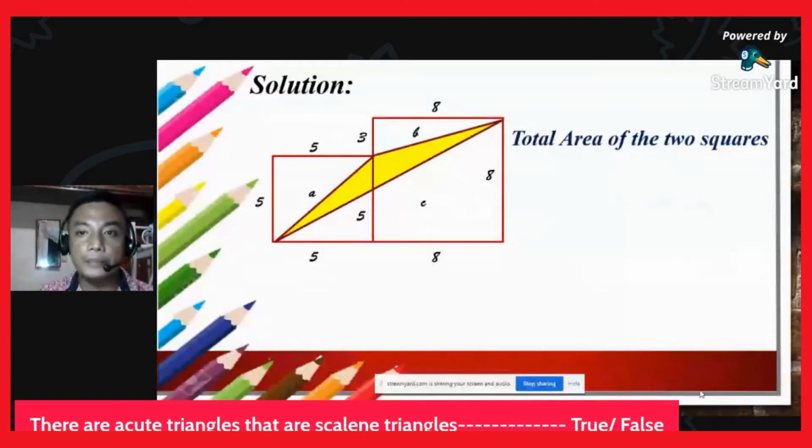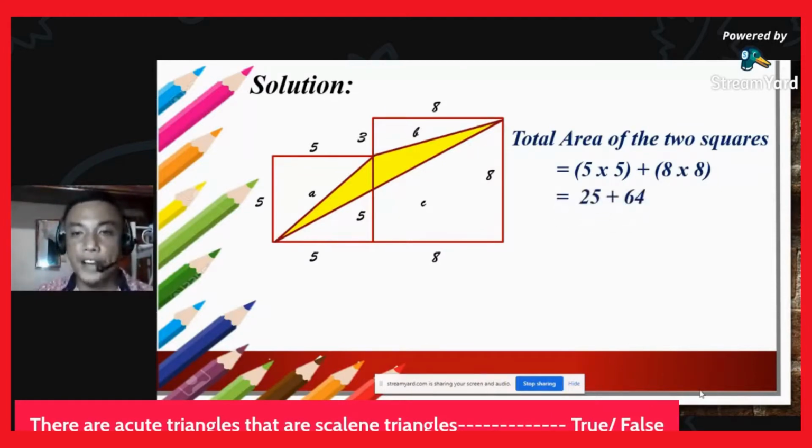So we have 5 times 5 being the side of the small square, and 8 times 8 being the side of the bigger square. If you solve that, it is 25 plus 64, which is equal to 89 square centimeters.